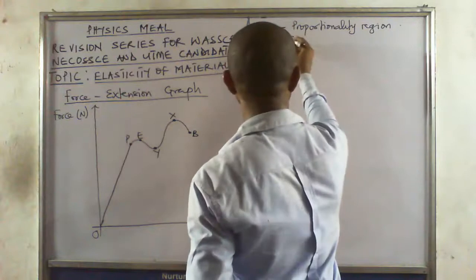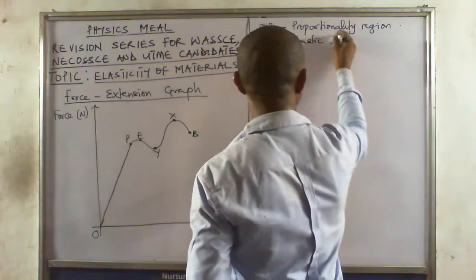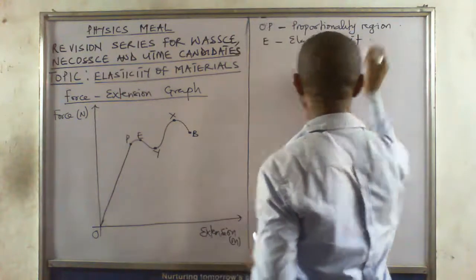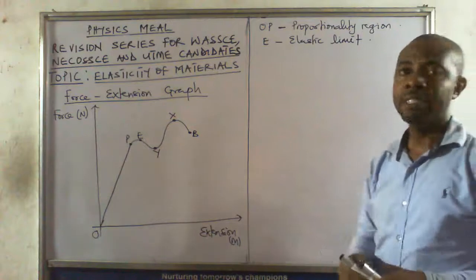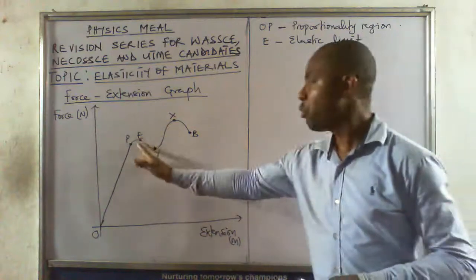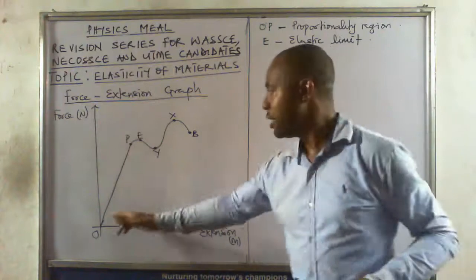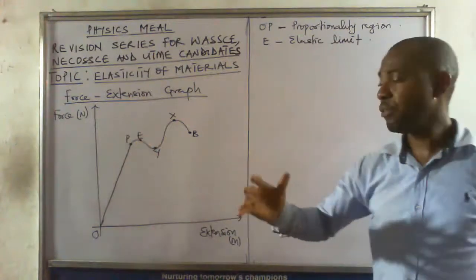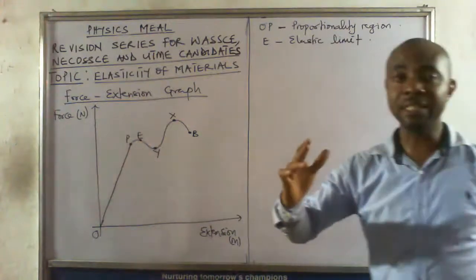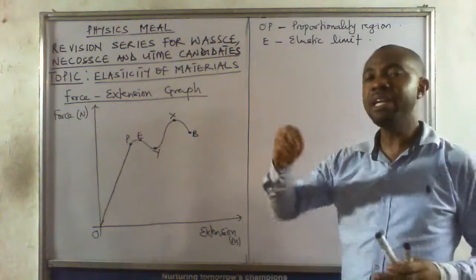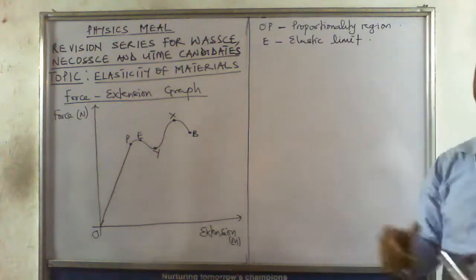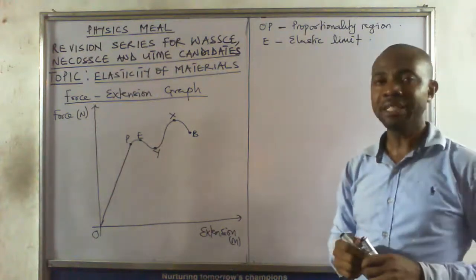Then we have the point we call E. Point E is the elastic limit. That is the point up to which the material is elastic. From O to E, the material is still elastic. Immediately after the elastic limit, the material will lose its elasticity.